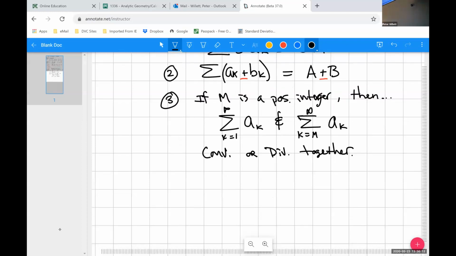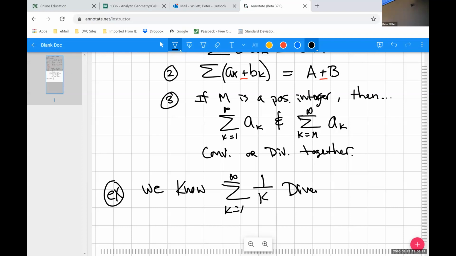Here's an example. We know the summation as k goes from 1 to infinity of 1 over k diverges. Again, this is the harmonic series.